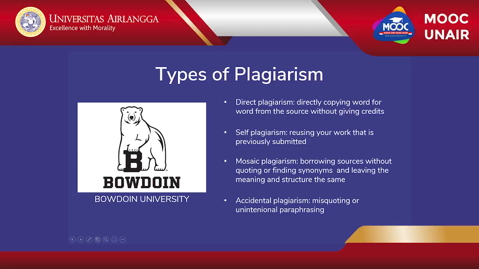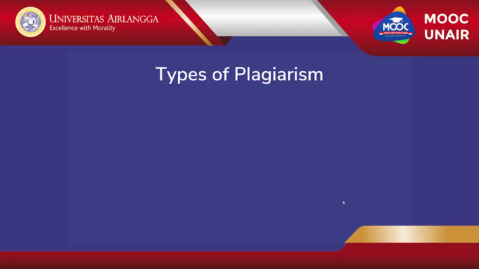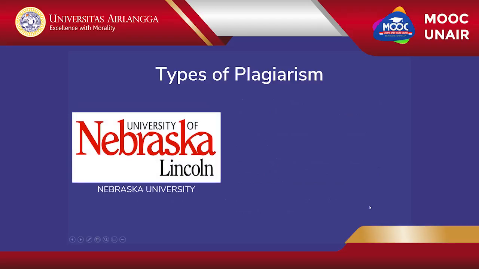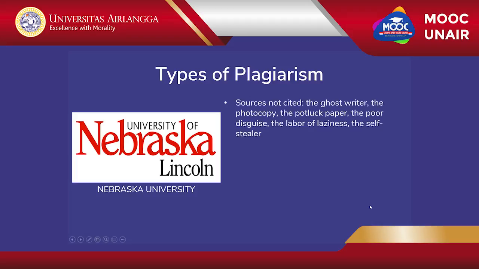This means misquoting or unintentional paraphrasing. Finally, another perspective comes from Nebraska University, where they divided it into two types. That is, sources not cited and sources cited but still plagiarized.